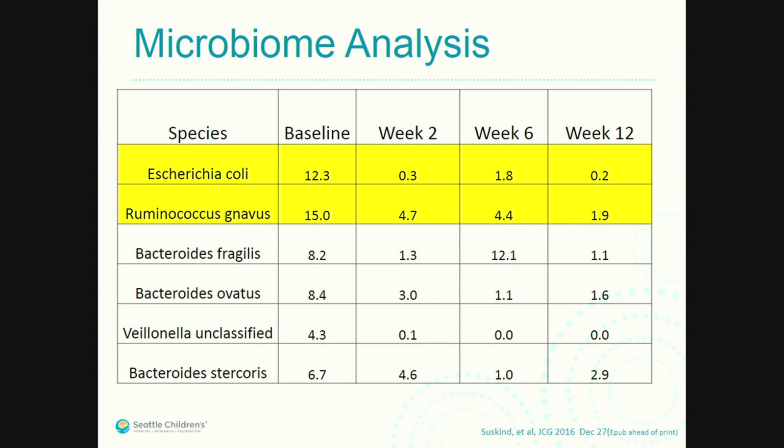And by changing the diet, we saw a significant shift in the amount of both of these organisms. So from 12 and 15% at baseline down to 0.2 and 1.9% at 12 weeks time.